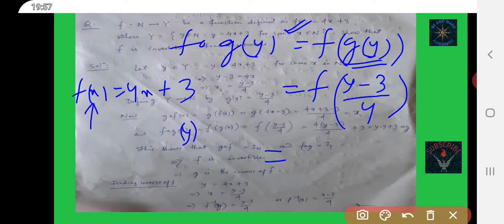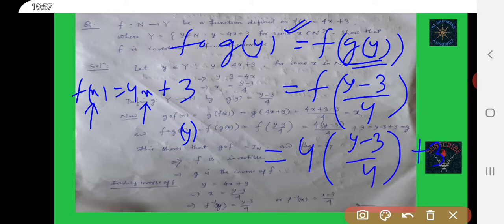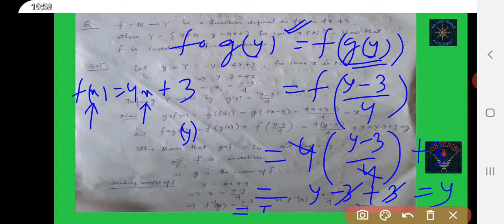Here input is x. If input is this (y minus 3) by 4, then you can write 4 times (y minus 3) by 4 plus 3. So 4 cancels, then you get y minus 3 plus 3. Then 3 cancels, then you get y. So that is equal to what? I_Y, the identity function on set Y, of y is equal to y.